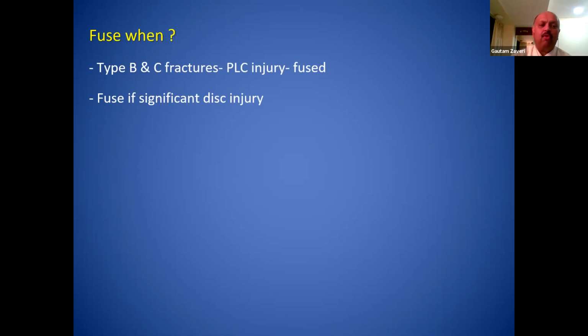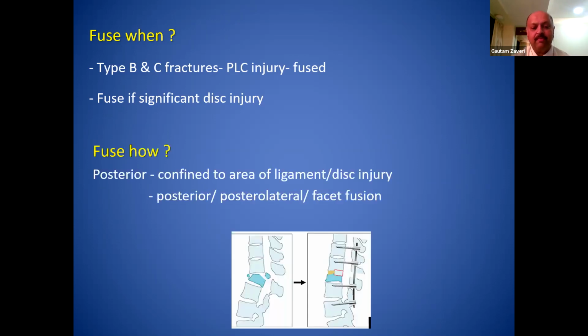When should you fuse? All type B and C injuries have posterior ligamentous complex injury. We know that the ligaments don't heal very well, and therefore they can result in persistent instability, and therefore fusion must be done at the level of the ligament injury. Additionally, if there is a huge amount of disc disruption, fusion must be done at the level of the disc disruption.